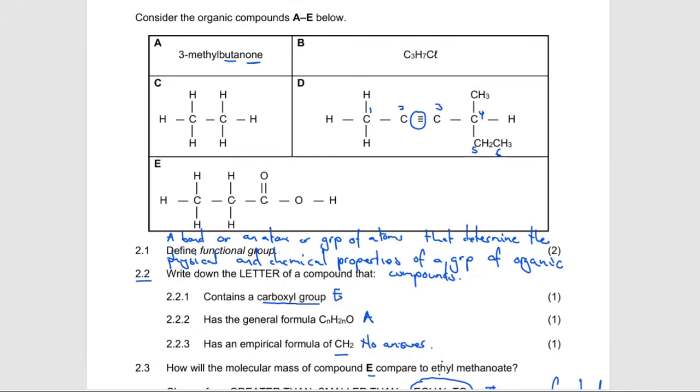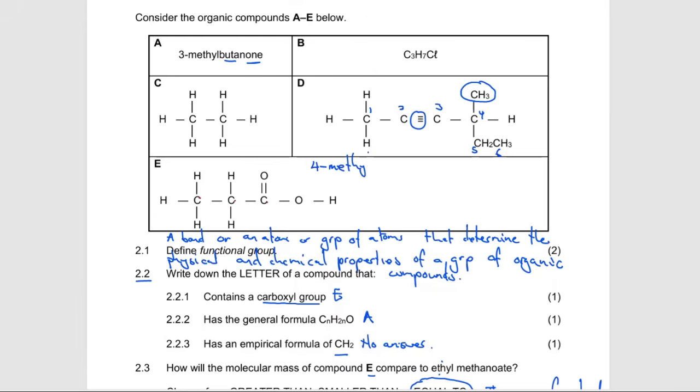So this is how we're supposed to number. Remember, if I number from this other end, 1, 2, 3, 4, 5, the functional group is going to be very far, right? So looking at the chain, the triple bond is going to be on carbon number 2, right? On carbon number 4, we have a substituent or a side chain, so I'm going to start with that one. I'm going to say this is 4-methyl.